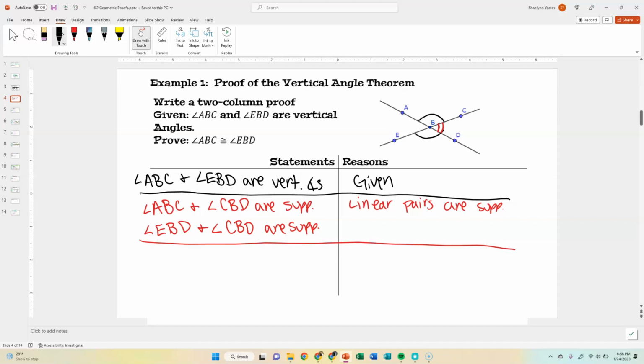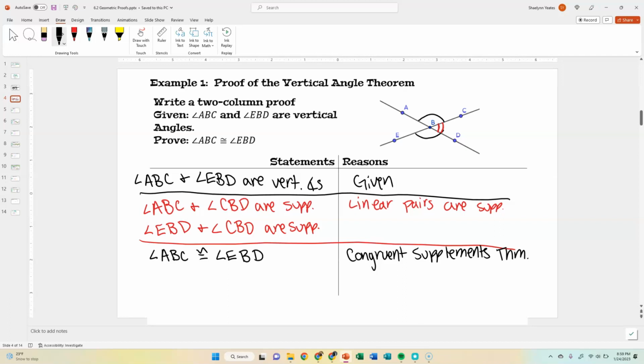So that means that angle ABC is congruent to angle EBD because of the congruent supplements theorem, meaning they're supplementary to the same thing. Fantastic. And that was my whole goal, to get to the point that those were congruent.